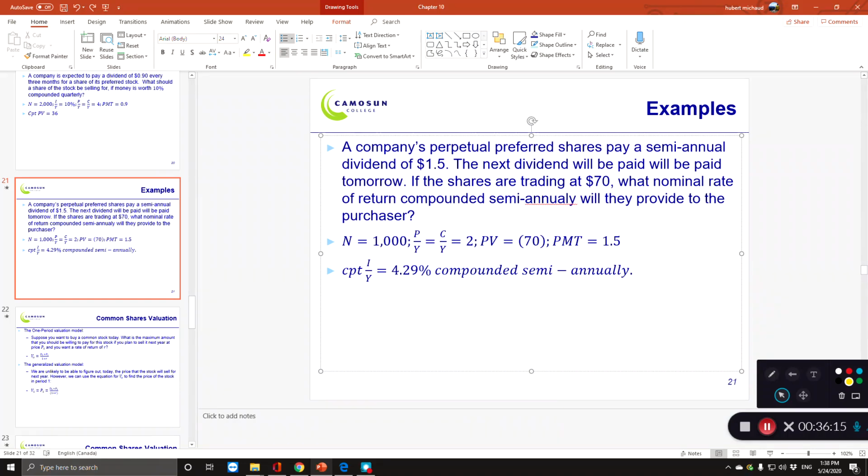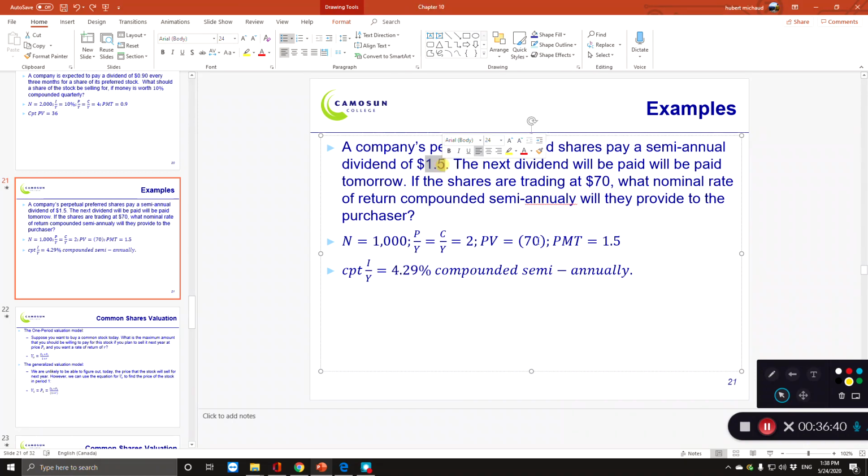That's finding the yield on our bonds. We can find the required return on our preferred shares. How? Well, we know the price of our preferred shares today, right? We know how much dividends they pay, and we can use that information to figure out the required rate of return that investors right now want to get on our preferred shares. Okay, so this is what we're doing here.